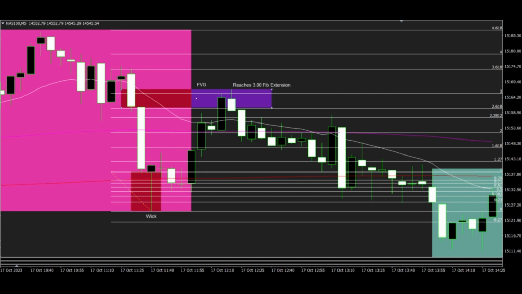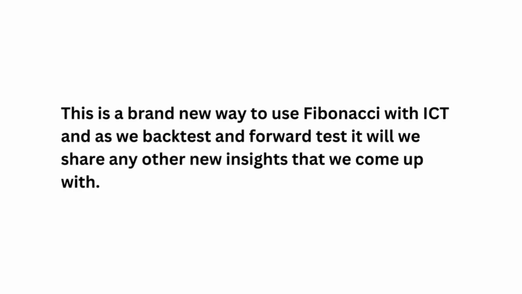And here is again where you're combining ICT concepts of fair value gaps, wicks, and 50% levels. This is a brand new way to use Fibonacci with ICT. And as we backtest and forward test it, we will share any other new insights that we come up with.